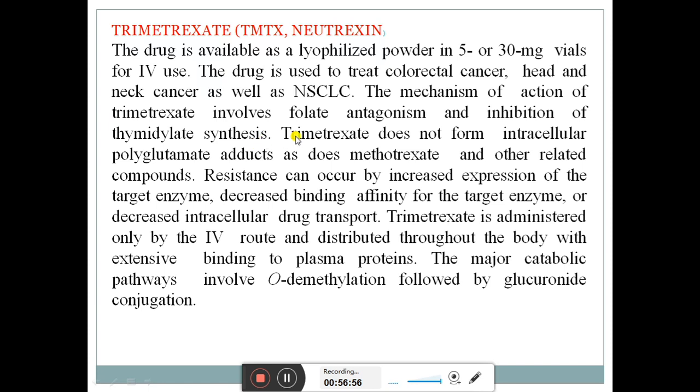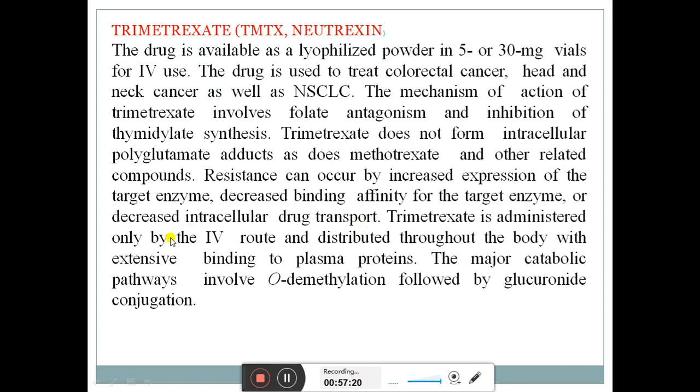Okay, that is the limitation of methotrexate and other related compounds. The resistance can occur by increased expression of the target enzyme, decreased binding affinity for the target enzyme, or decreased intracellular drug transport.